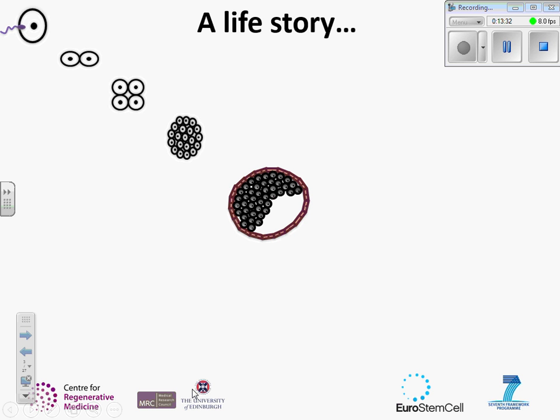You then separate those 8 identical cells, implant them into separate surrogate mothers, and you get identical octuplets. If you've got the characteristics you want, that's actually worth doing. Then you separate those 8 out into 8 individuals, put them into 8 surrogate mothers, and you get 8 clones.